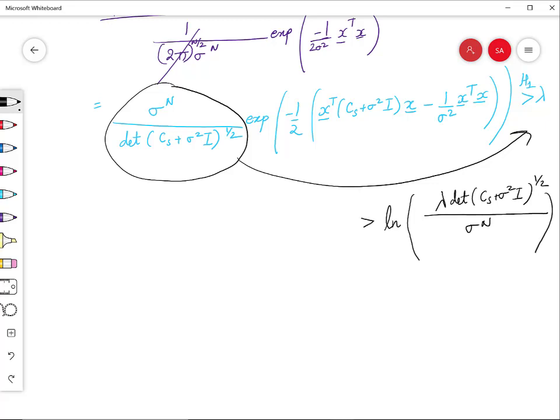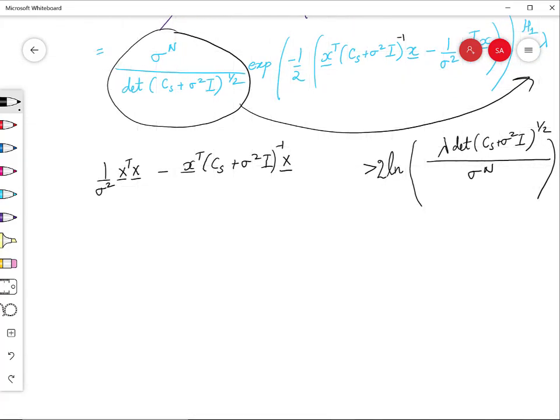This log is greater than, I take the minus inside, so I'm going to get 1 over sigma square x transpose x minus, I'm going to take the 2 also to the other side, so it becomes 2, minus x transpose Cs plus sigma square I, sorry, this is inverse, x.